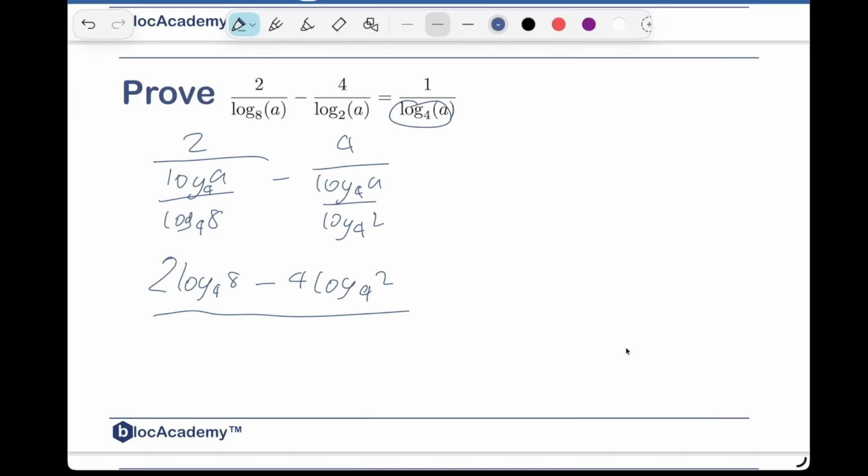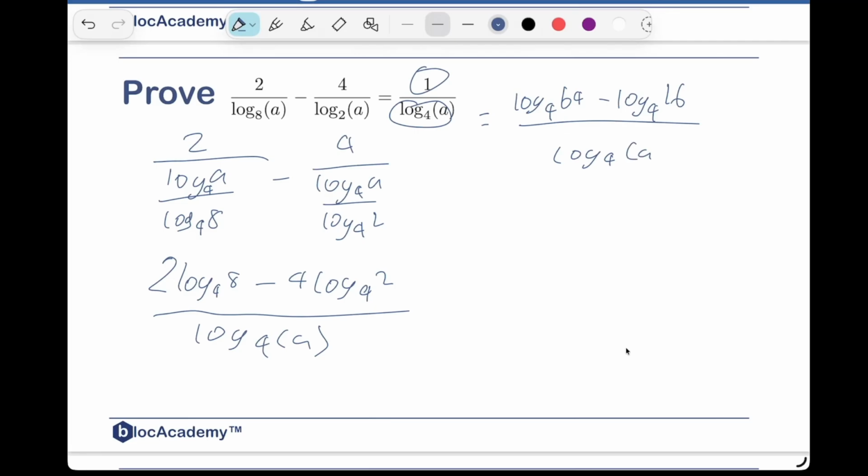And because that's a shared denominator, it's going to be log base 4 of a. Now we just have to prove this is going to be equal to 1 up here. It's pretty simple. This is going to be equal to log 64 minus log of 4 to the power 4, 2, 4, 8, 16, which is actually going to be log base 4a of 64 over 16, which is 4, over log 4a, which is going to be 1 over log 4a.